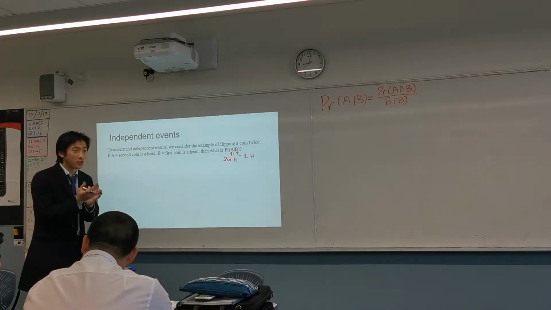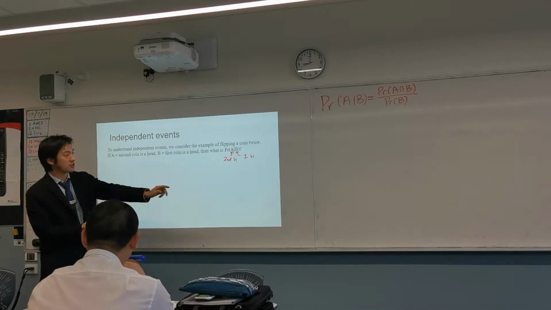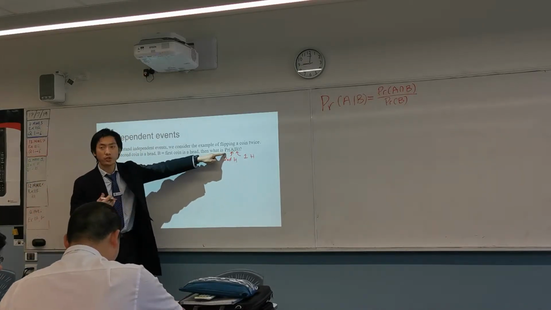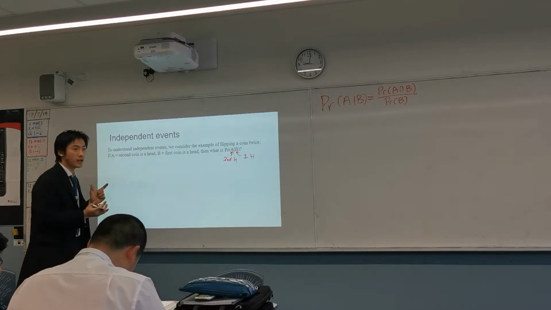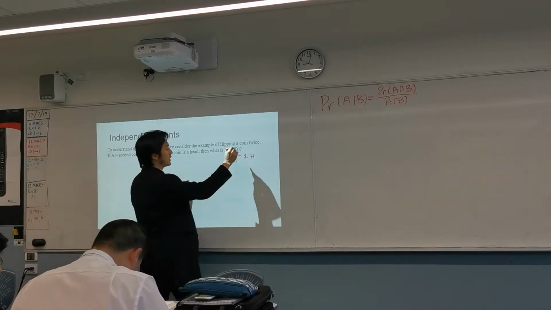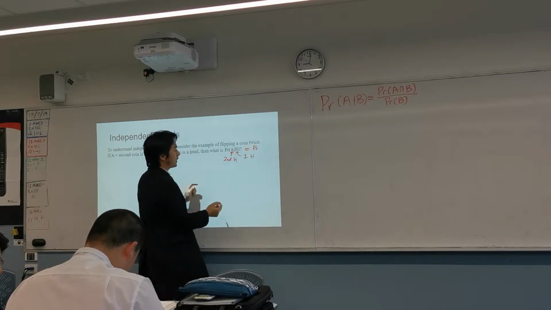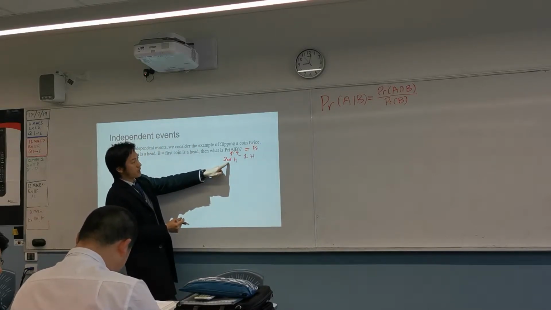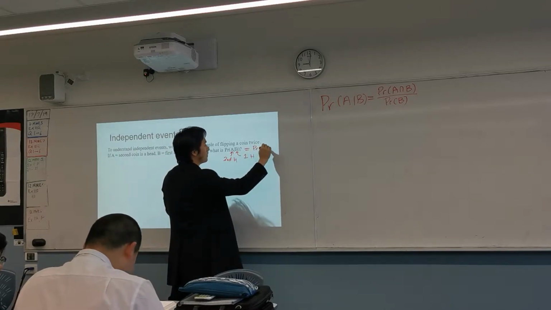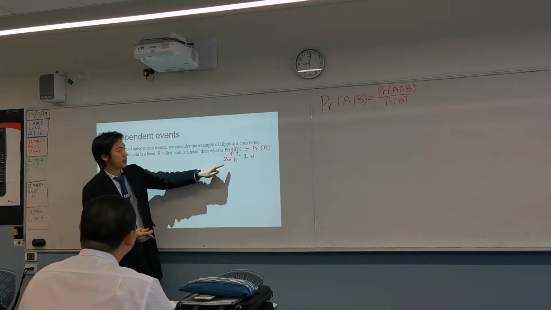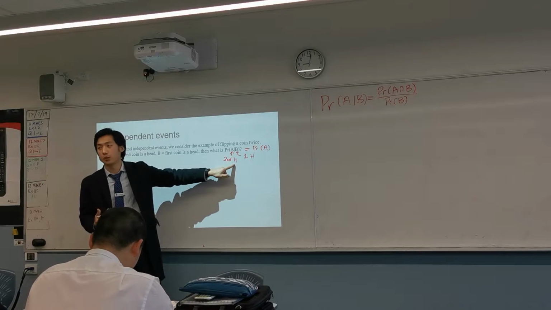The first coin toss does not affect what your second coin toss is. They're independent events, and we can prove that. Okay? And what I'm saying is that the probability of the second coin being a head, given that the first coin is a head, should be the same as just the probability of the second coin being a head. They should both be a half.